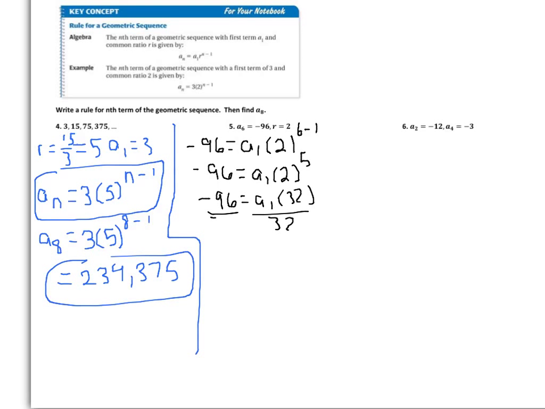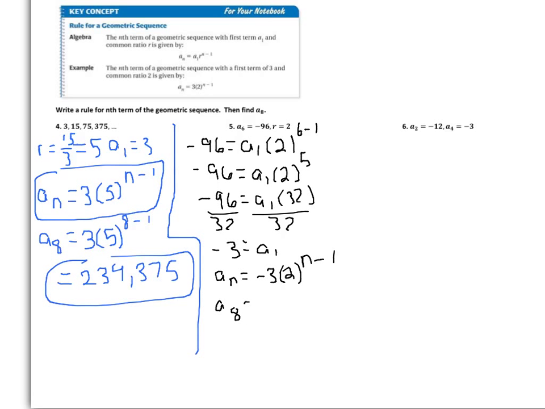Divide by 32. You get -3. So the first term is -3. So our rule now, a sub n equals -3 times 2 to the n minus 1.